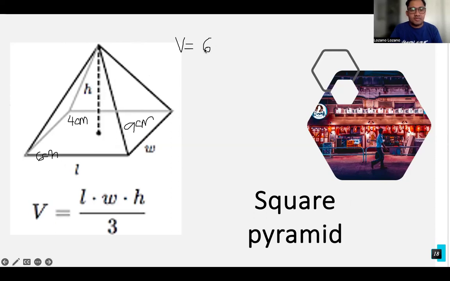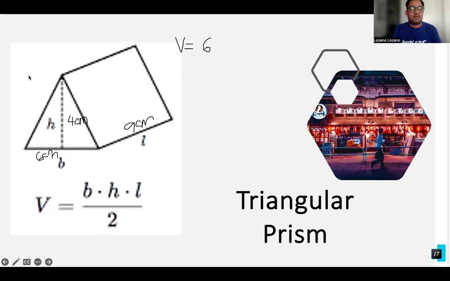Pero parang napalitan. Wait lang. Okay. Balik tayo. Ayan. Okay. Our volume is, our base is 6 centimeters. Our height is what?